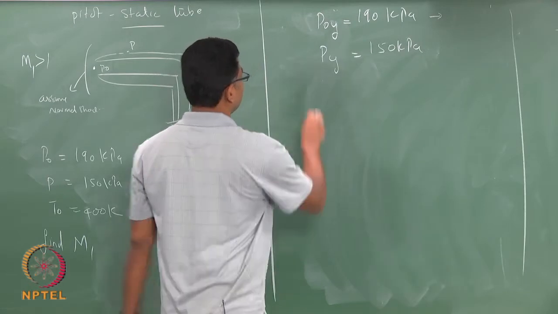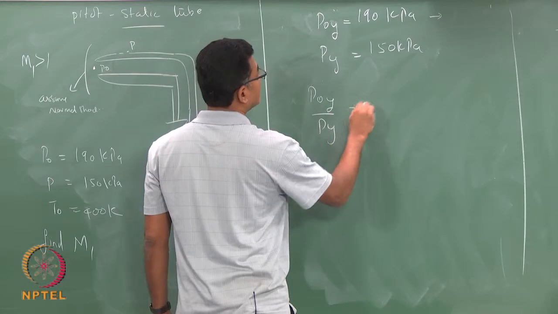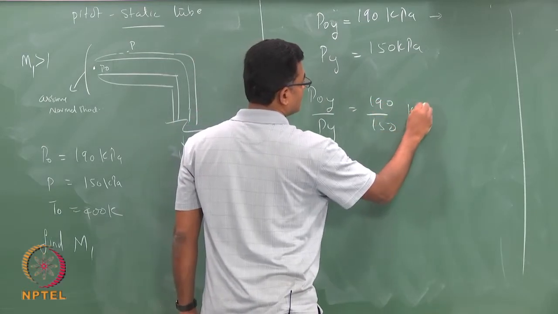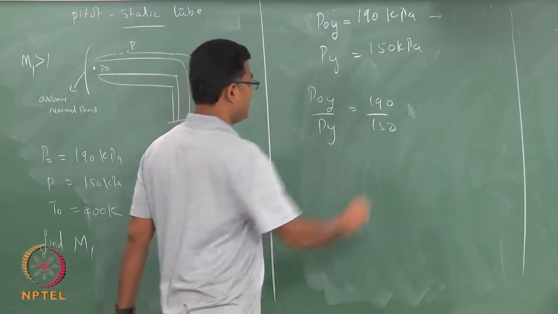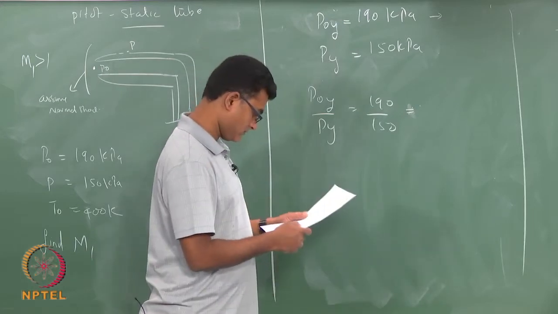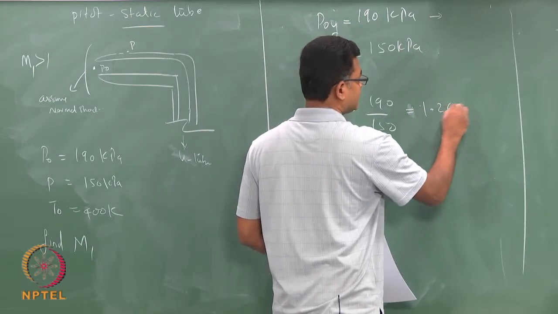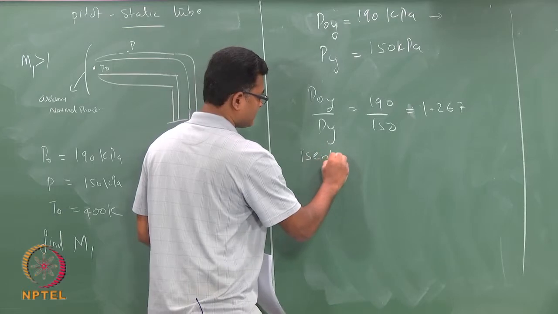So your P0y by Py is 190 by 150, the kilopascals cancel. So this would be around 1.267.